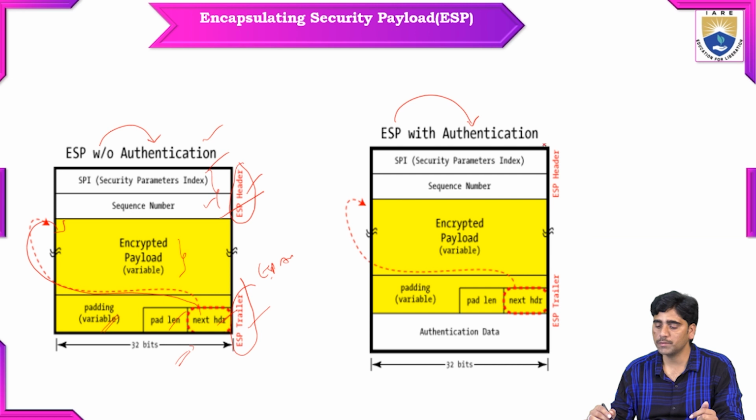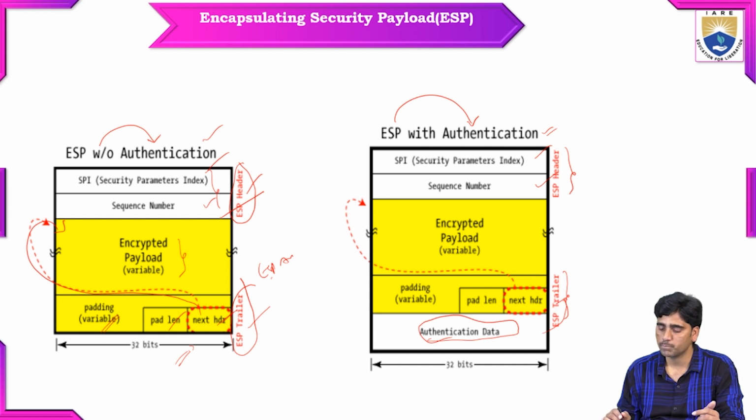And here, ESP with authentication. One is the security parameters index, the second is the sequence number. These two are the ESP header, and along with that, the ESP trailer. The authentication data is appended to this ESP trailer. The ESP trailer contains the padding, which is optional, the pad length, and the next header.